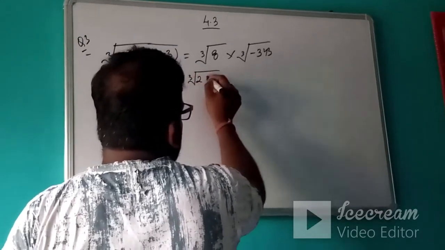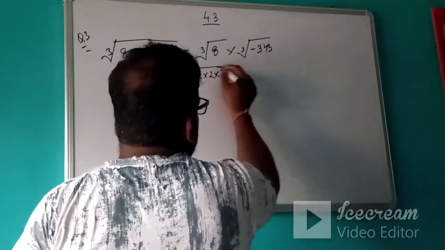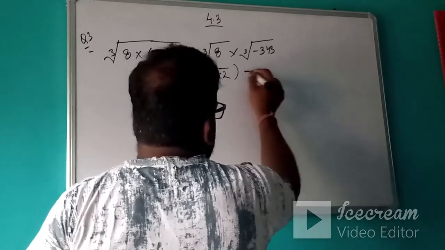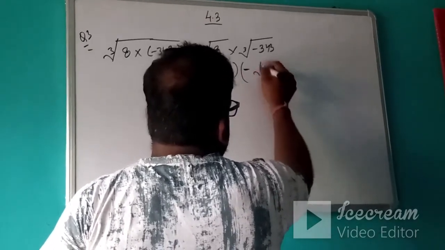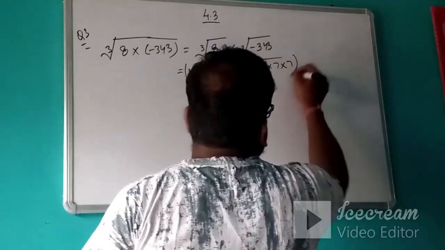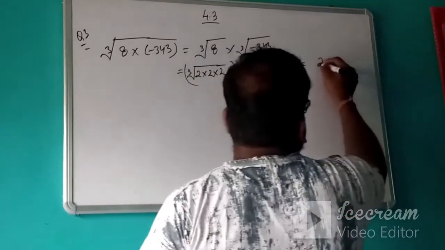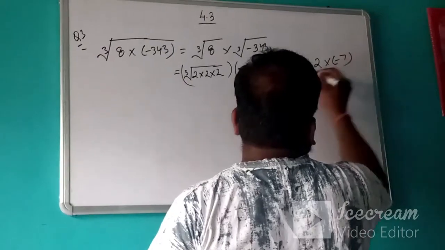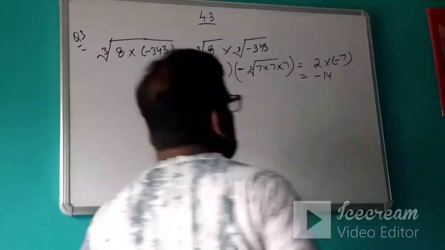You already know 8 is 2 into 2 into 2. Then the minus sign you will take out, and 343 is 7 into 7 into 7. So what you will get? 2 into minus 7, that is minus 14.